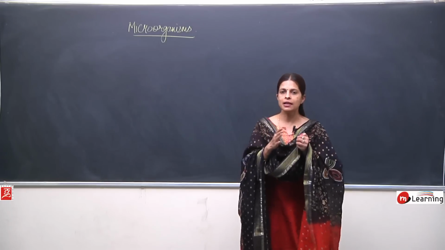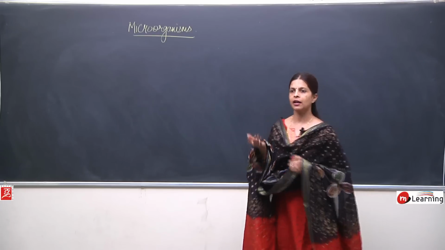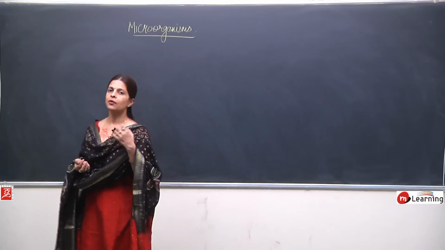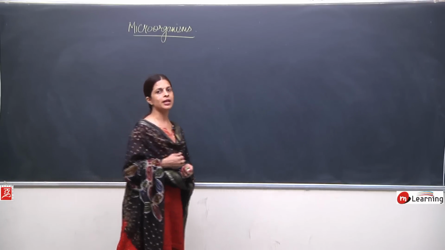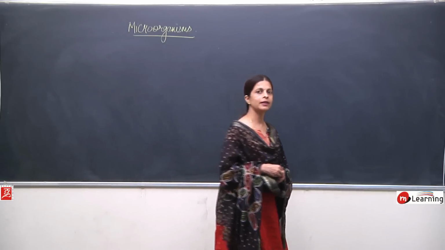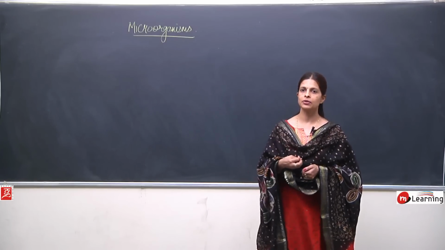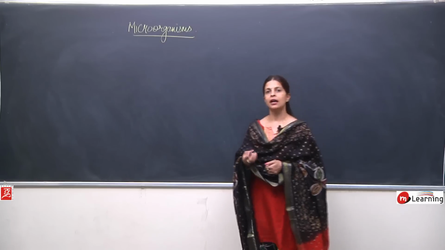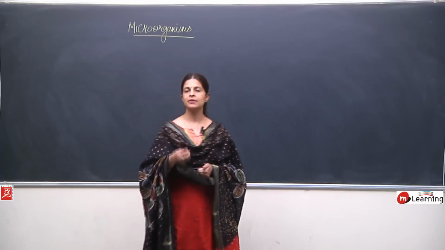So there is a large variation in size. And there are certain organisms which cannot be seen by the naked eye. As this is a lecture for class 8, I am sure all students of 8th standard know this about microorganisms. We will be talking about them in detail.